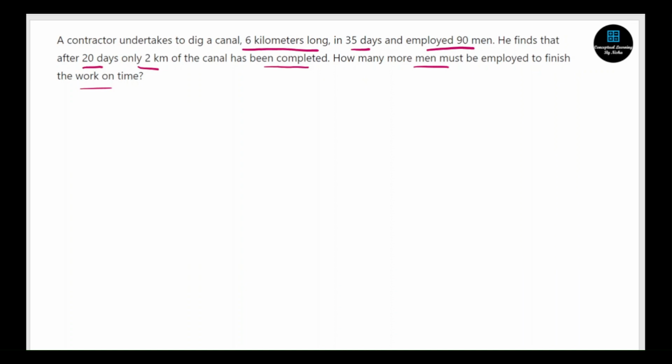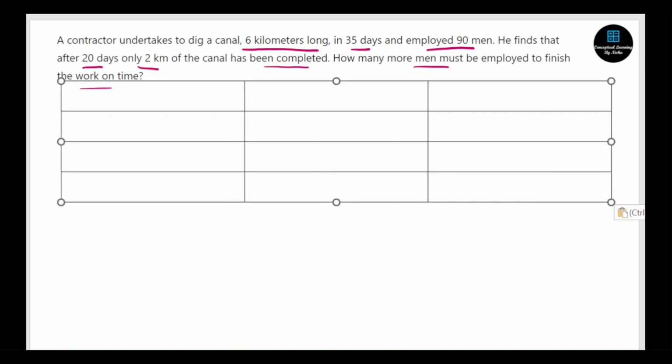Okay. So now, let's understand this. We have to write the work done, which is distance, in kilometer.